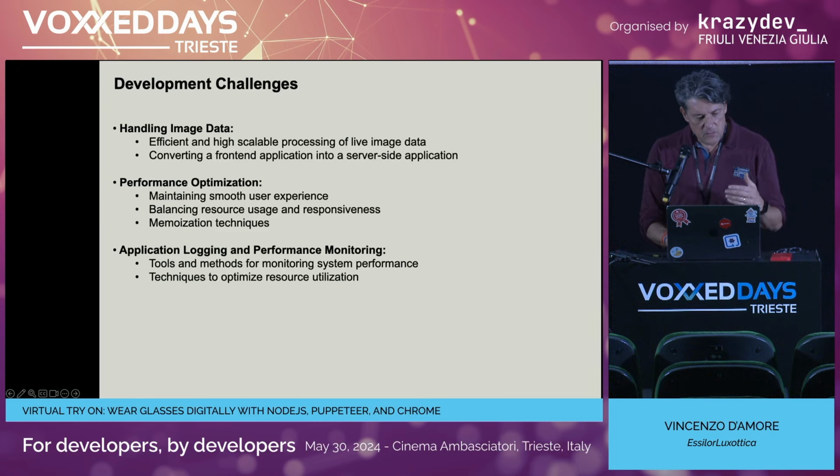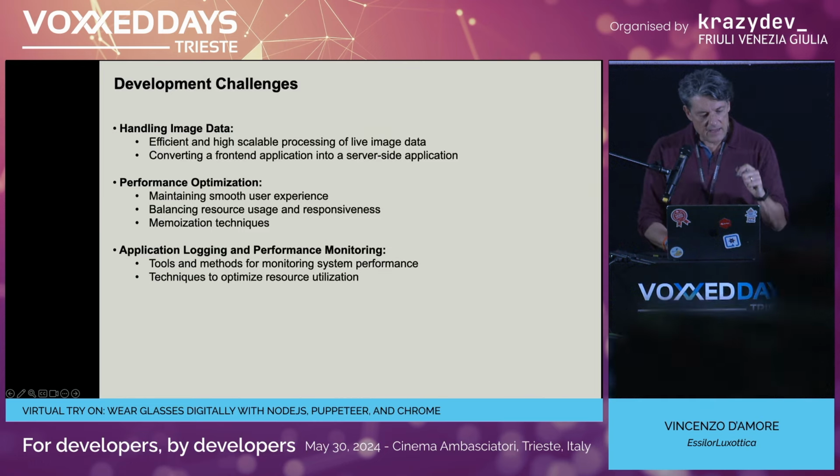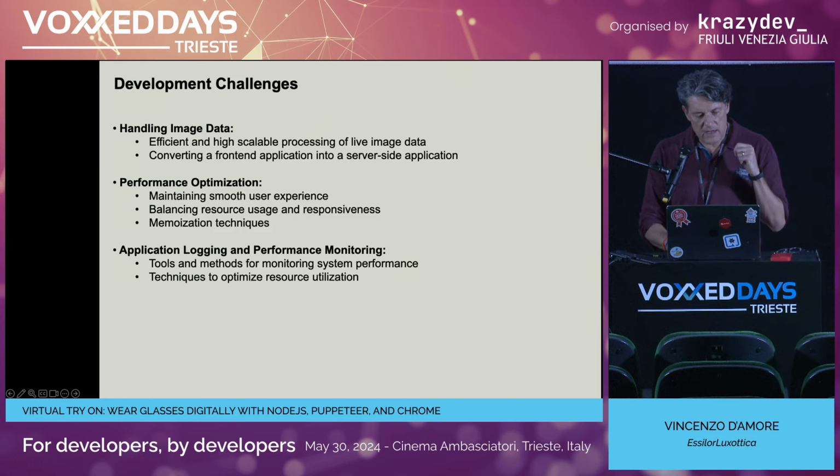Performance optimization. We had to maintain a smooth user experience and balance resource usage and responsiveness, but memoization was the pattern we used heavily. It comes from functional languages and is used to remember the result of a function. The main idea behind memoization is to execute the function only once.